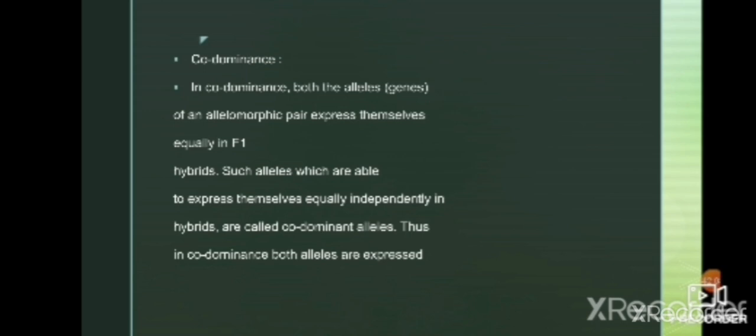Such alleles which are able to express themselves equally and independently in hybrids are called codominant alleles. Thus, in codominance, both alleles are expressed. The best example is cattle, where codominance is proved.